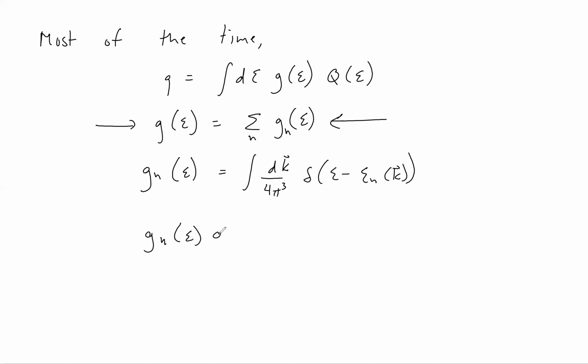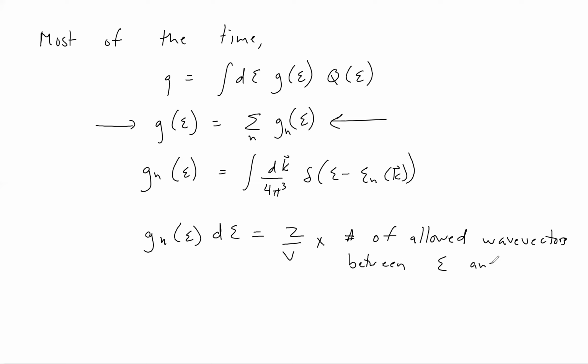Gn of E dE is equal to 2 over V, 2 over the total volume, times the number of allowed wave vectors between E and E plus dE in the nth band. The definition we've written down here is equivalent to this.